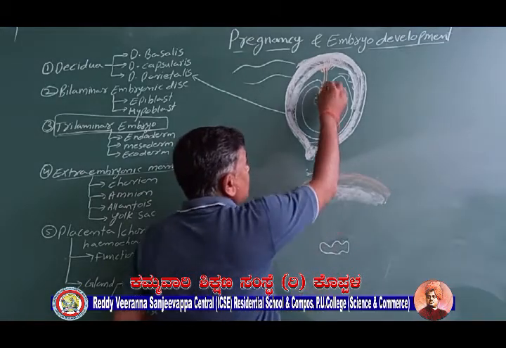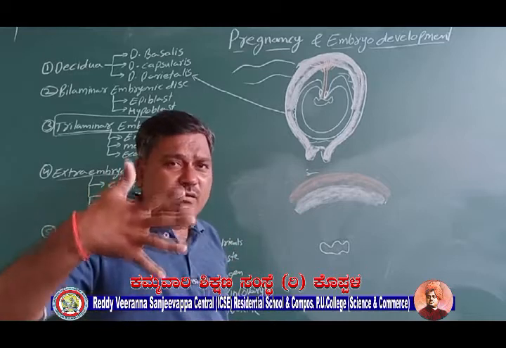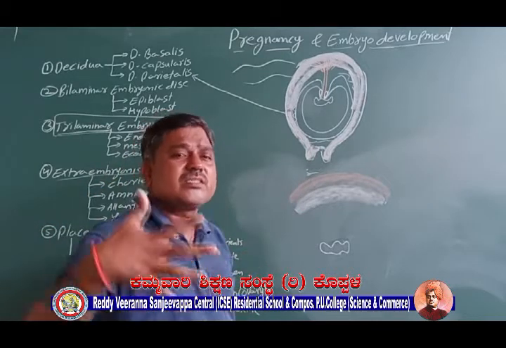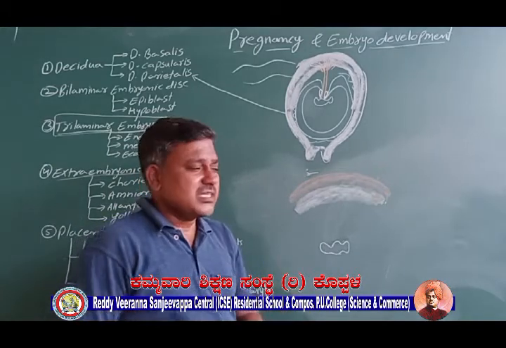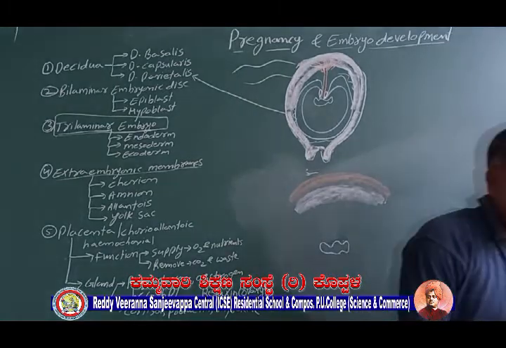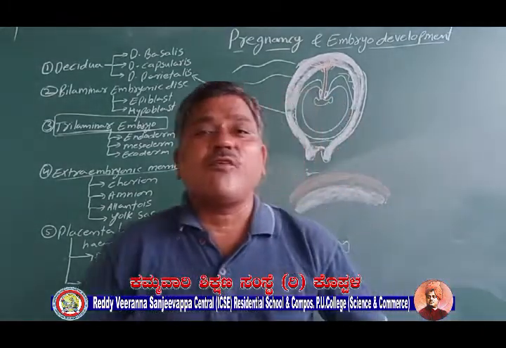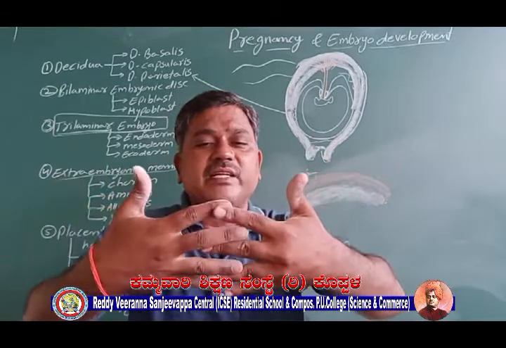Now, finger-like projections move from the fetus into the mother's endometrium. So the placenta is a formation of finger-like projections between the mother and the fetus.